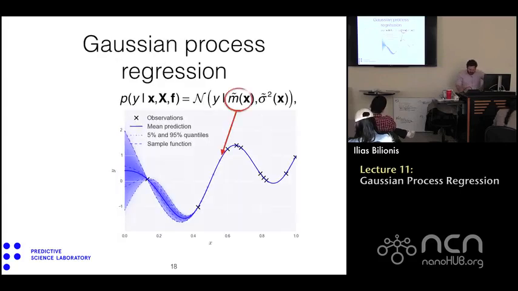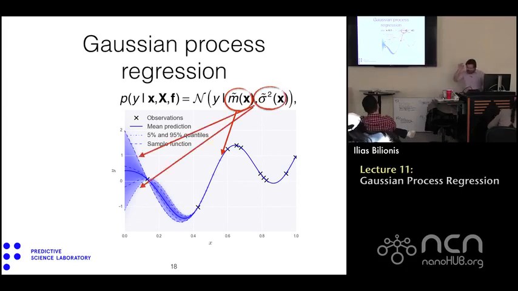And here's where these things are. So this posterior mean is this blue solid line that I have here. That's the mean of the posterior Gaussian process. And then that posterior variance, which is the posterior covariance function evaluated at the same input, gives you the upper and the lower error bars.